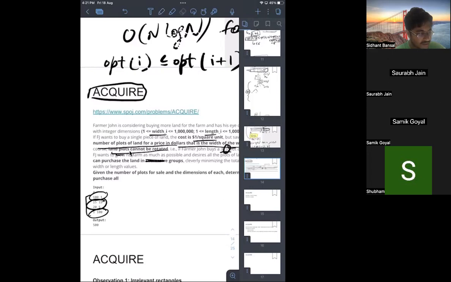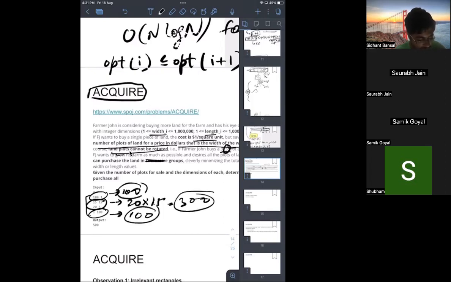The first group costs you 100, the next group costs you 20 times 15, which is 300, and the next group costs you 100. So 100 plus 300 plus 100, total 500. That's the best way to do it.